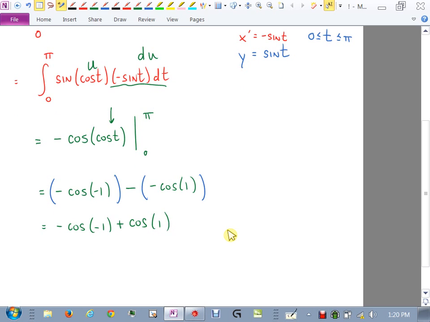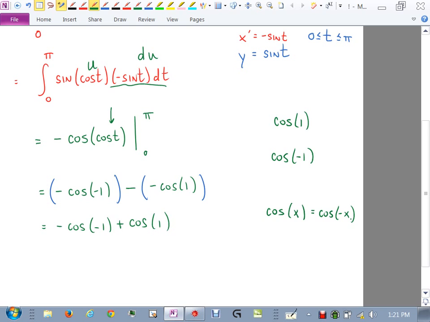Anything else you can do with that? What's the relationship between cosine of 1 and cosine of -1? Are they the same? There's an identity, remember, or a formula that cosine of x is equal to cosine of -x. Why? What do we call that when that's true? We call this what type of function? An even function.